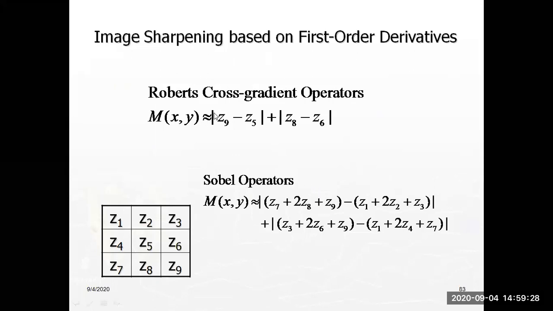The Roberts cross gradient operator is given by Z9 minus Z5, that is, the Z9 pixel coefficient minus the Z5 pixel coefficient, plus Z8 minus Z6. Similarly, the Sobel operators are approximately Z7 plus 2 times Z8 plus Z9, minus Z1 plus 2 times Z2 plus Z3, and the remaining pixel values.